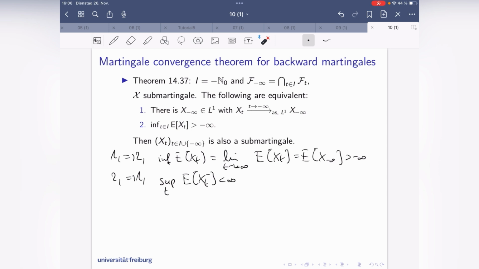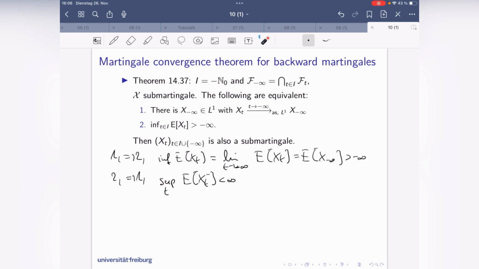So the expectation of the plus part here is growing because I have a submartingale, it's not decreasing. So the largest bit for xt plus here is x0 plus, and that's finite anyway. And for the negative parts here, I have to be a bit careful. But from condition 2 here follows exactly what I need.